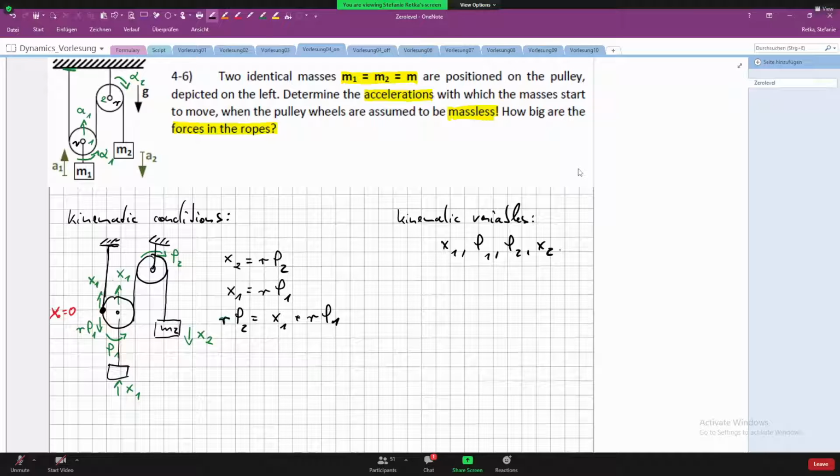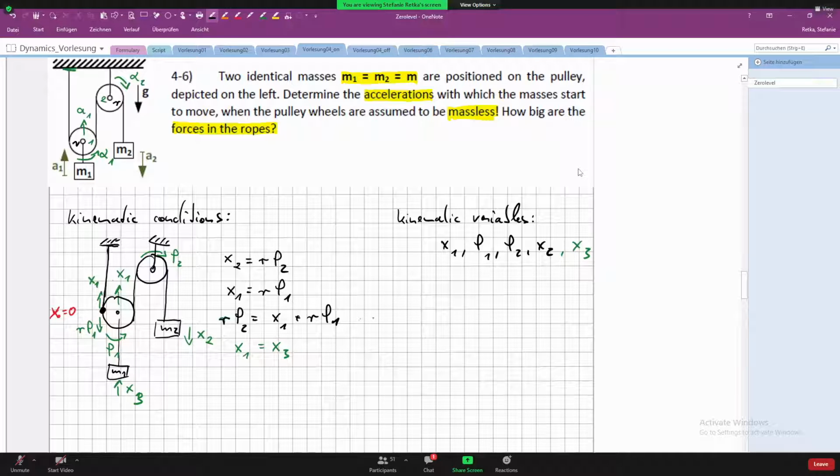Of course, we could add another variable when we distinguish between the motion of the mass M1 and the pulley 1, then we could call this x3. Then we would have a 5th kinematic variable and a 4th kinematic condition, x1 is equal to x3. But since the pulleys are massless, this is not necessary.